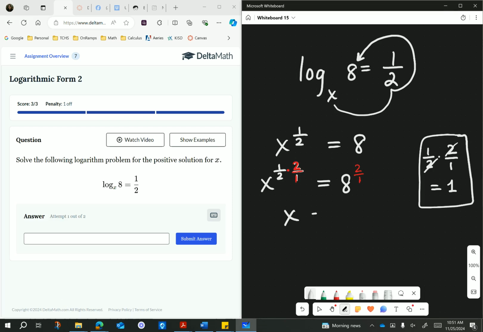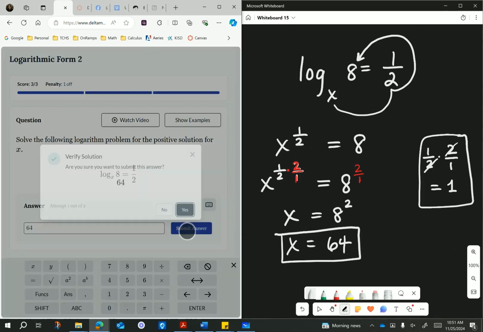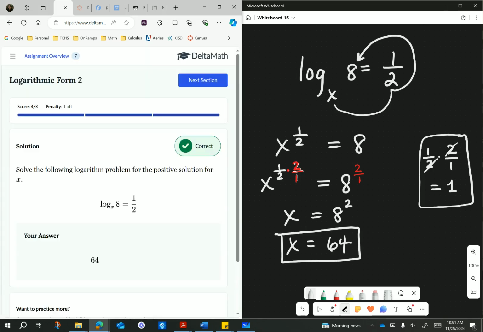I'm not going to write the 1 power, equals 8 to the 2 over 1 power, which is just 8 squared. This now simplifies to 64. And that is it. So 64 is our final answer. No calculator needed. Hope these little strategies help you with today's assignment.